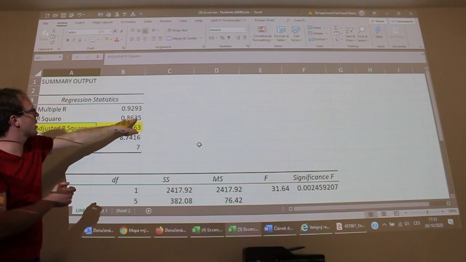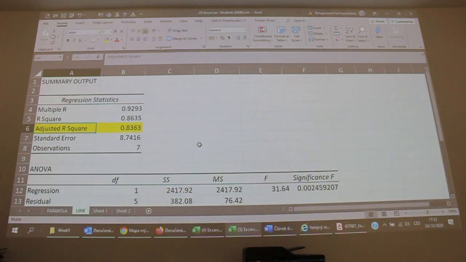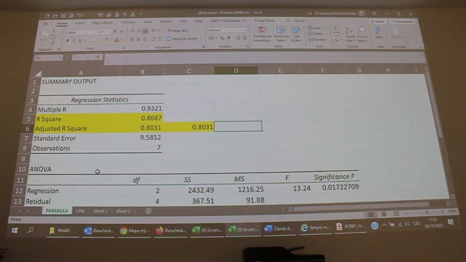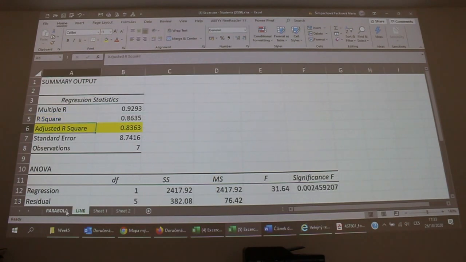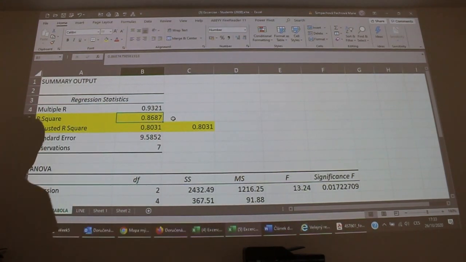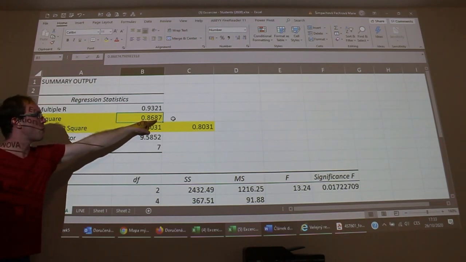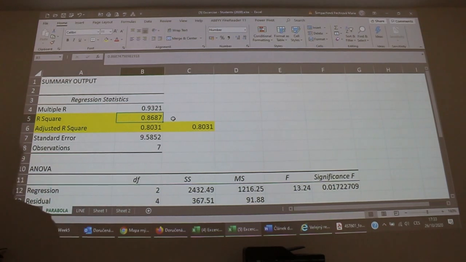Here we have 86.35, and here in the case of the regression parabola we have 86.87. Yes, we will make the foul. This is the parabola, and you can see that you have here 86.87. I will copy these values, wait a second.